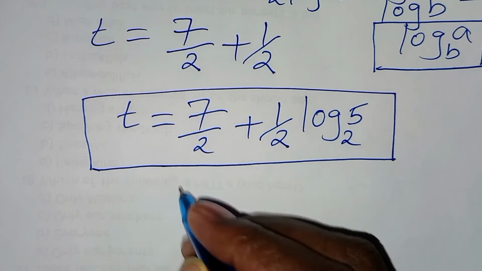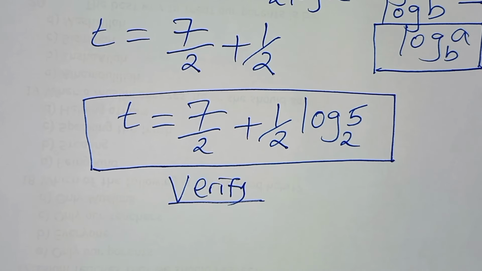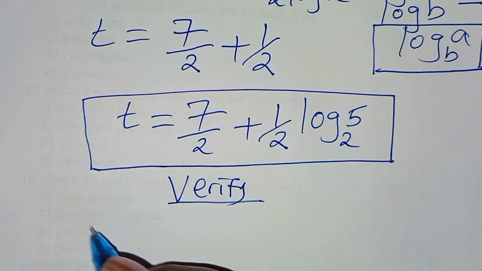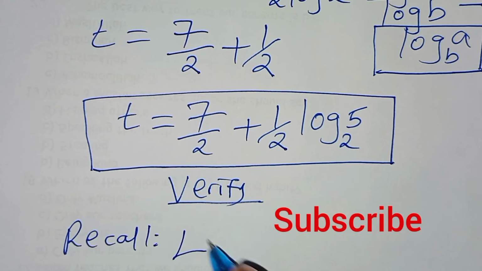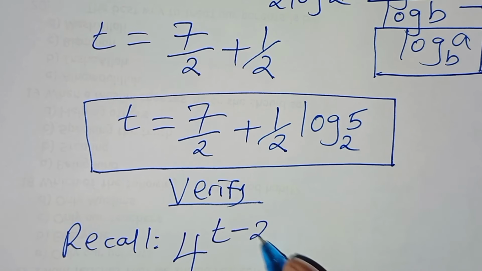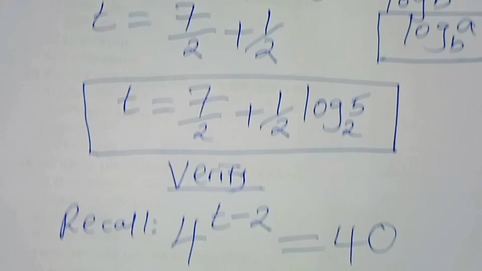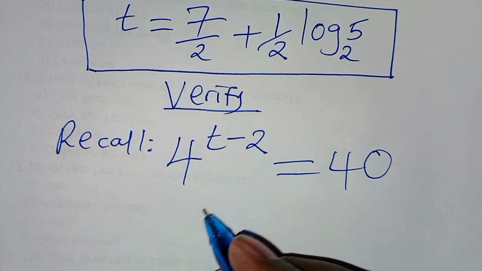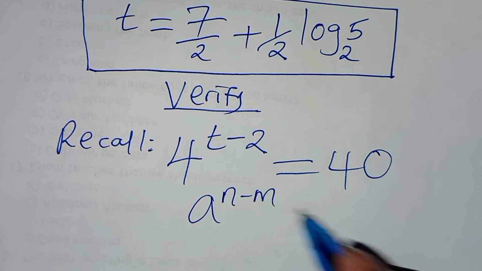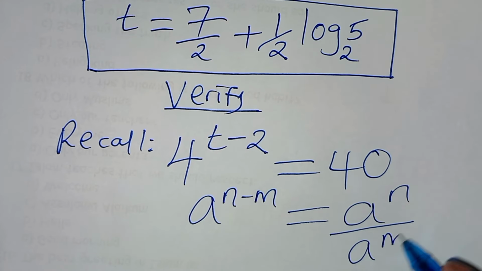So let's verify that this value of t actually satisfies the equation. If you recall, we had that 4 to power t minus 2 should give us a value of 40. Now 4 to power t minus 2 is in the form of 8 to power n minus m, which we can express as 8 to power n divided by 8 to power m.